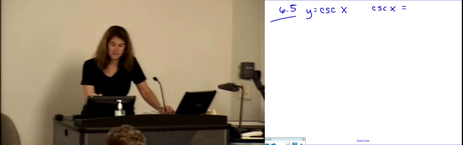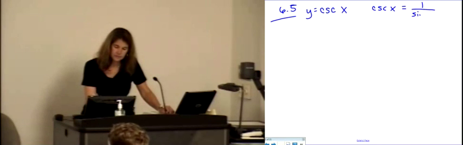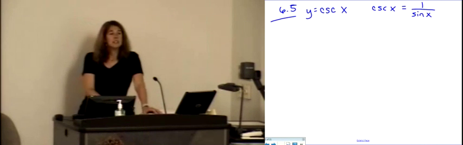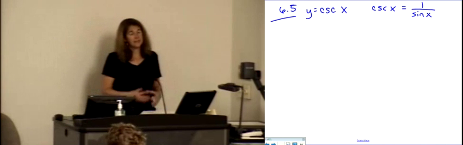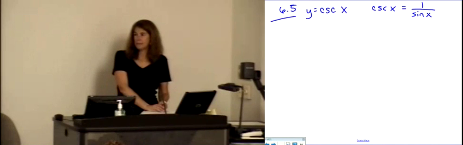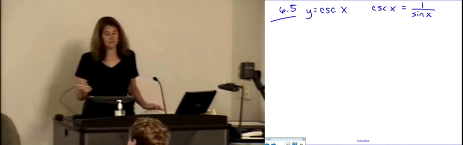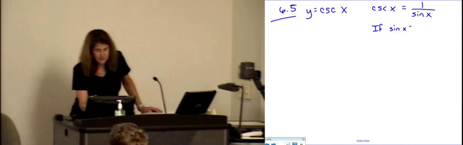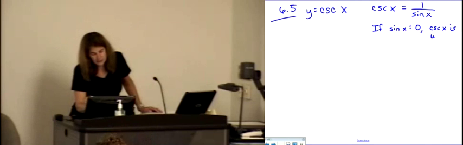The sine. We know that the cosecant is equal to 1 over the sine x. So therefore now we see that when the sine is equal to 0, what does that do to my cosecant? Right, it's undefined. So if the sine of x equals 0, cosecant of x is undefined.